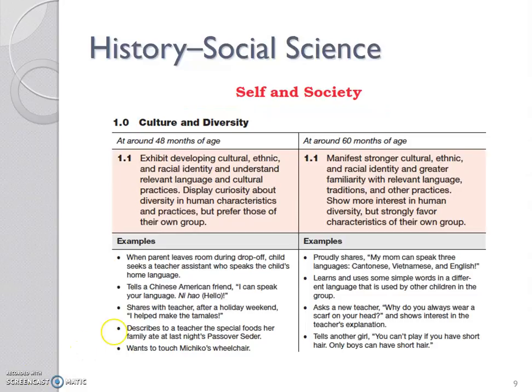When we look at each of the different strands within the domain, we see that there are substrands, and then there are age designations along with knowledge and skills and behaviors that we might expect to see at the specific ages.